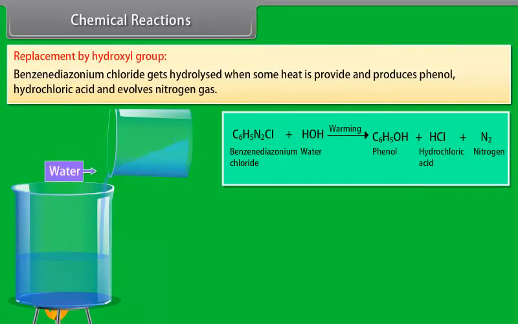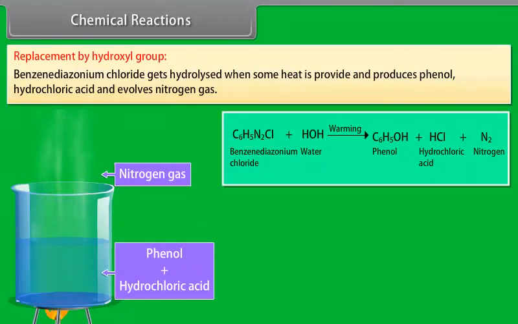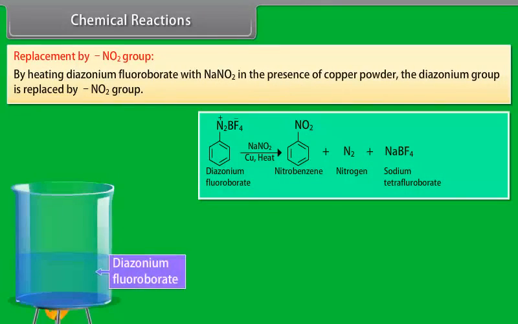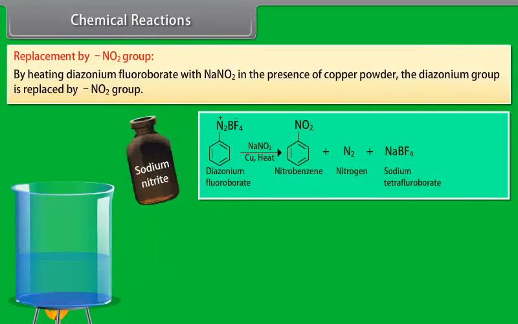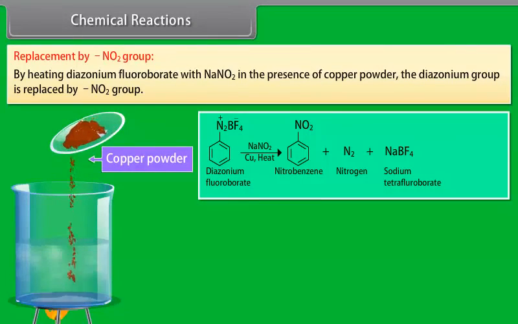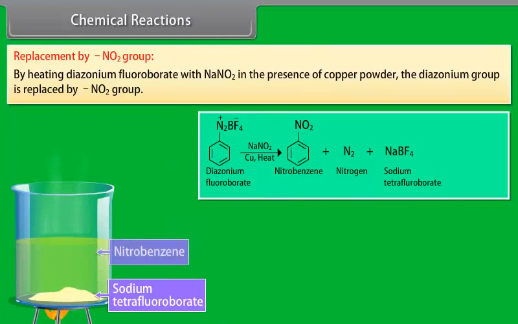Gattermann reaction. In these reactions, benzene diazonium chloride is treated with halogen acids in the presence of copper powder. Benzene diazonium chloride reacts with hydrochloric acid and copper powder to yield aryl chloride, cuprous chloride, and liberate nitrogen gas.